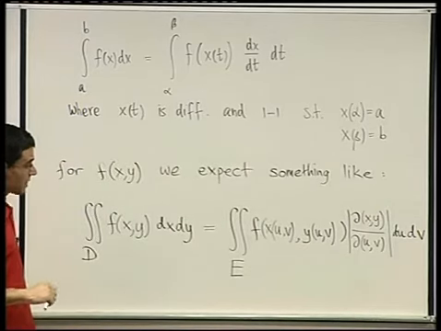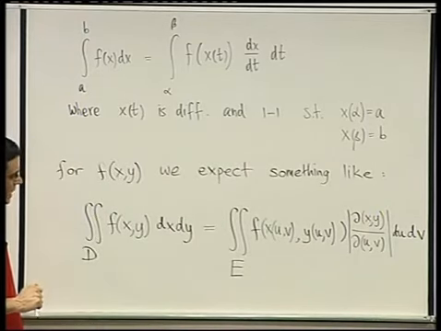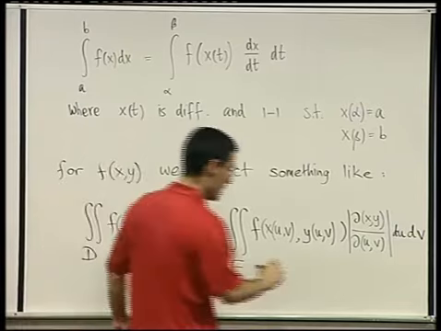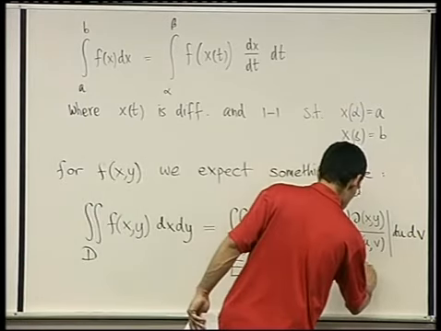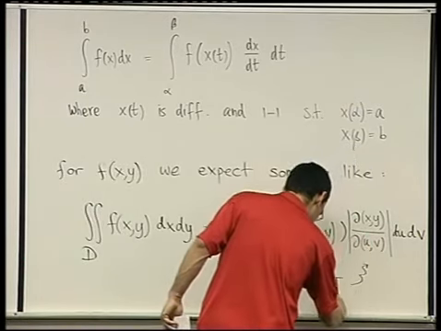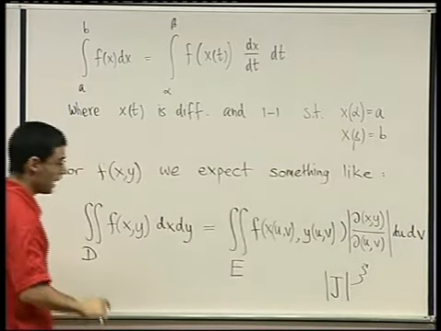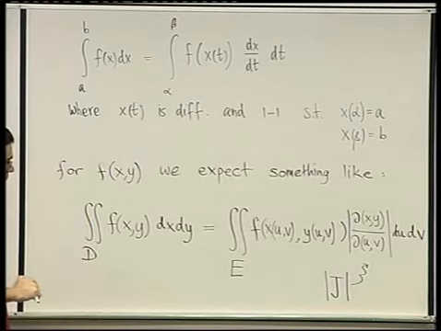We met it when we discussed the theorem on implicit functions and its consequence on the inverse function theorem. Ring a bell? Okay. So this is called the Jacobian and denoted by J. And in fact, it's J in absolute value. And we'll discuss everything here at length in a minute.